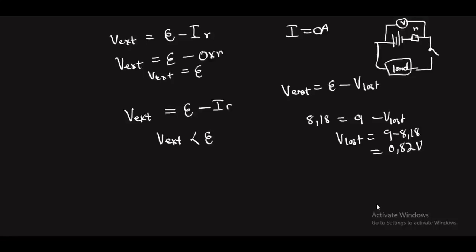You can see now that when there is current flowing in the circuit, V external is less than the EMF. Now let's proceed.